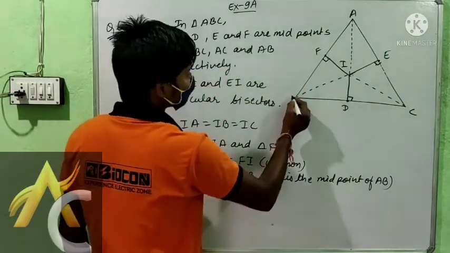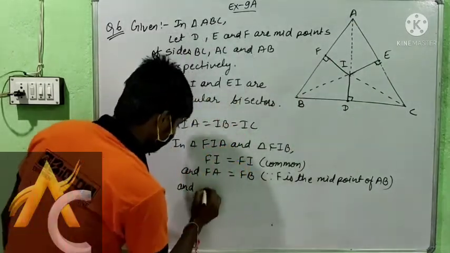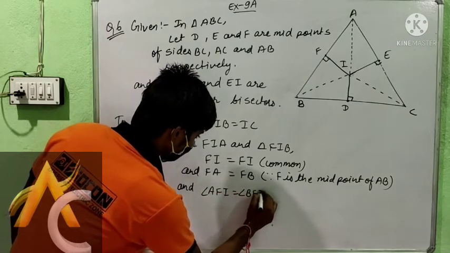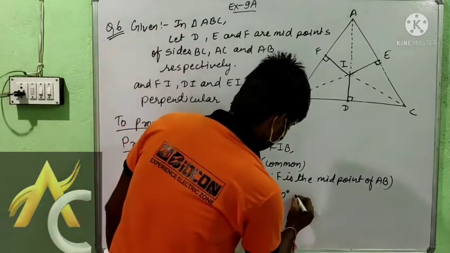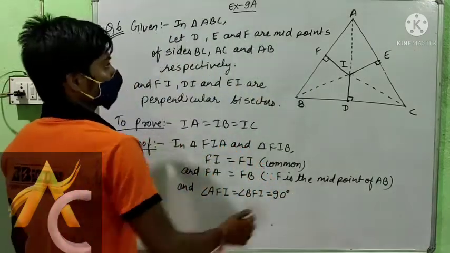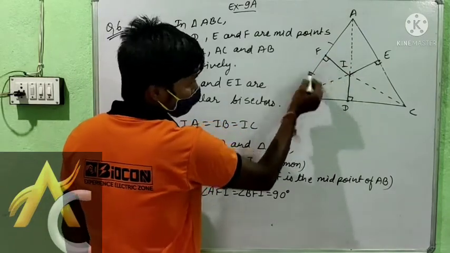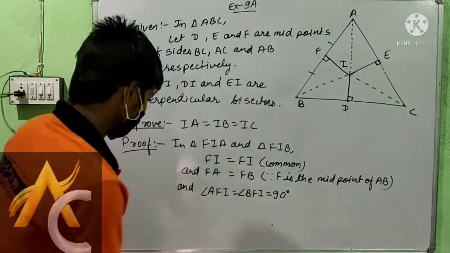So we are going to write it as angle AFI is equal to angle BFI equal to 90 degrees. Now by comparing these triangles, these are congruent. Why? By side angle side criteria, right?